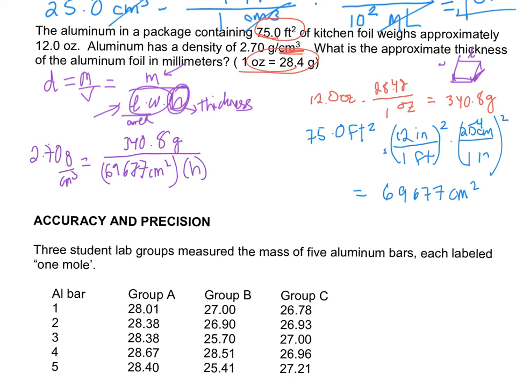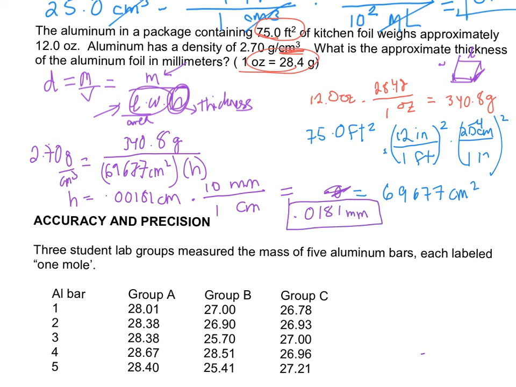So you would get that the height is 0.00181 centimeters. And we're almost done, but it is asking for the thickness in millimeters instead of centimeters. So our last step here is go from centimeters to millimeters. 1 centimeter is 10 millimeters. So it's 0.0181 millimeters. And that's our answer.